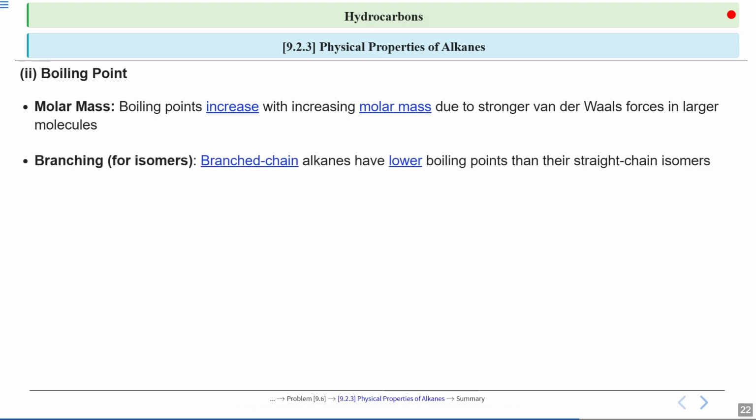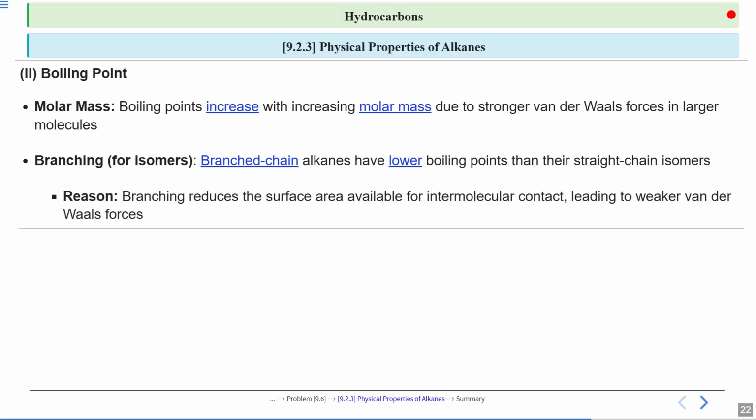Now consider branching in alkanes. Branched alkanes have lower boiling points compared to their straight chain counterparts. This is due to the reduced surface area for intermolecular contact, which weakens the van der Waals forces. Imagine trying to stack irregularly shaped blocks. They don't fit together as snugly as uniform ones.